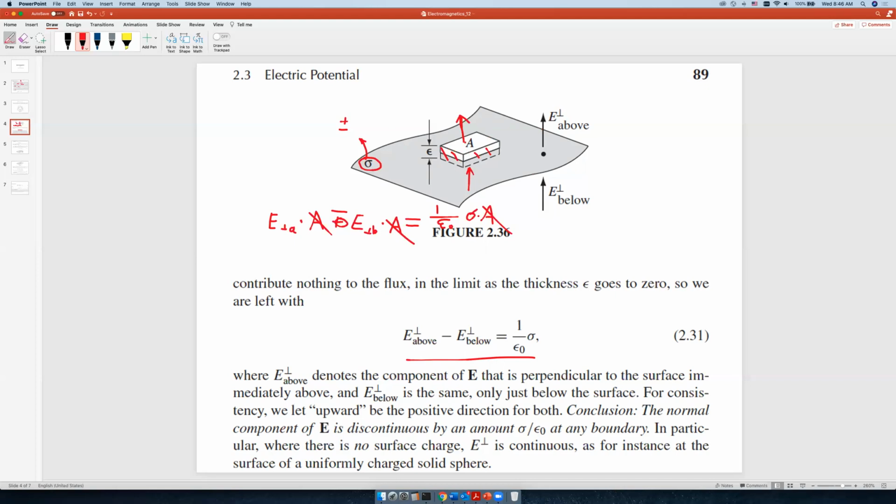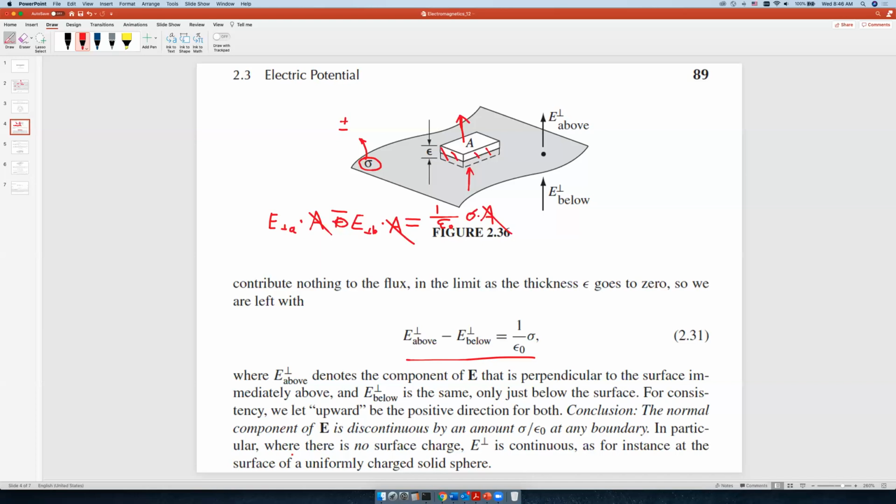So on the upper lid of the pillbox, positive surface means going up, but on the bottom, positive surface means going down, because going out is the positive direction when you do the surface integral.